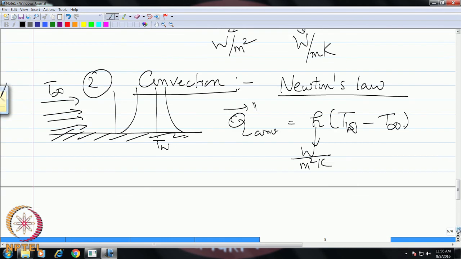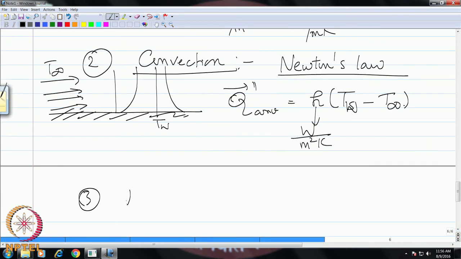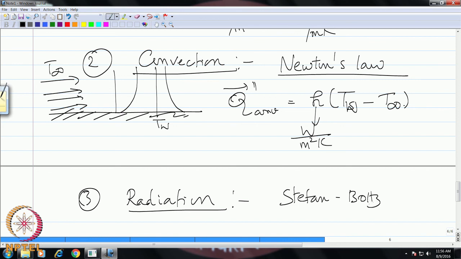Finally, when you go to radiation, what do you want to use? Stefan Boltzmann's law. So Q radiative is equal to sigma into, if you take a black body, just the surface temperature of the black body raised to the power 4.